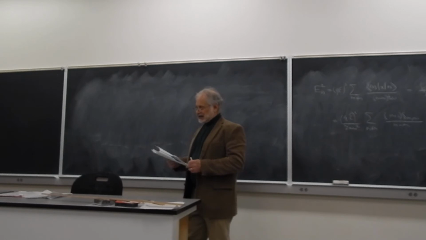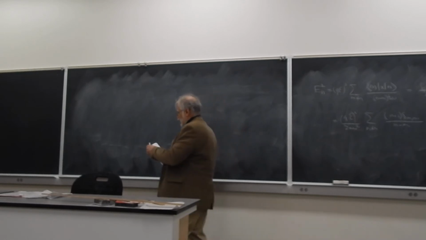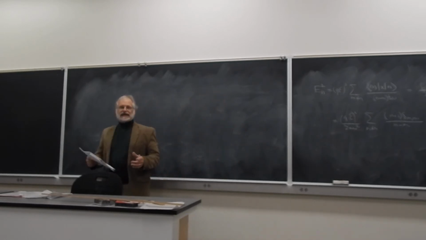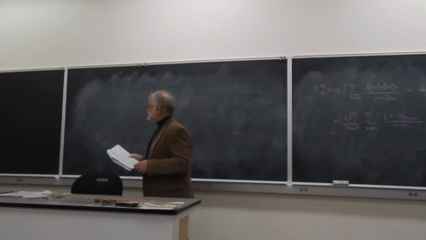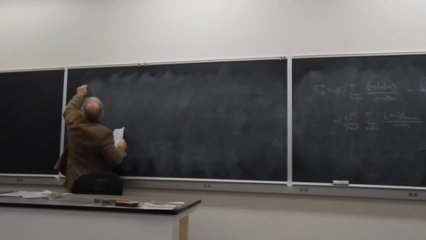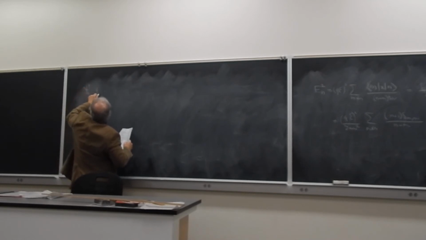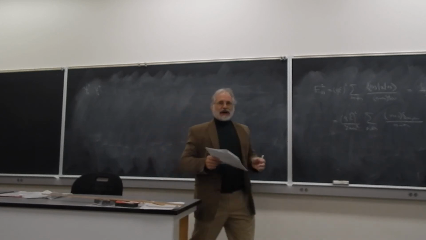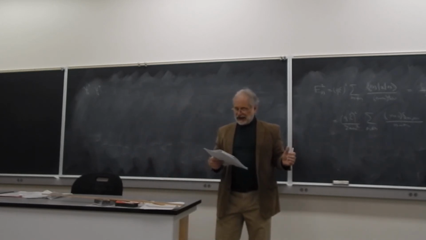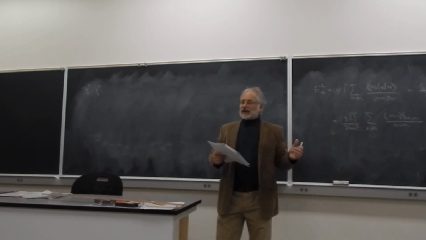You're dividing by 0. So this is what happens. If I have two or more distinct states that share the same energy, let's call them psi A0 and psi B0, suppose they both have the same energy eigenvalues, ordinary perturbation theory is going to fail.